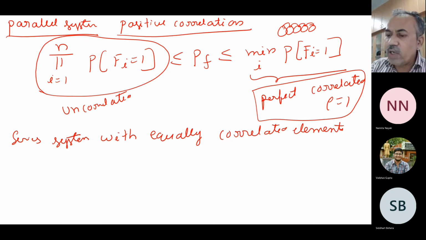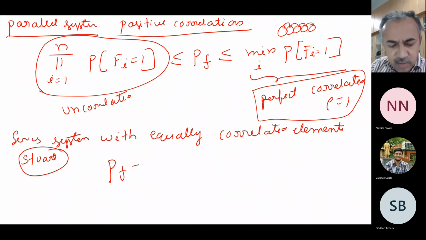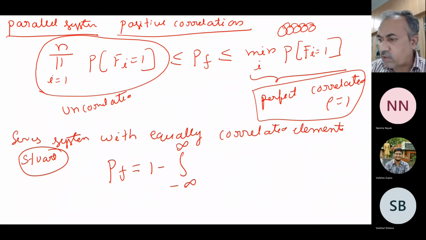If it is equally correlated, there is a formula derived by Stewart. The probability of failure is 1 minus the integral from minus infinity to infinity, and of course they have to be normal distribution, of capital phi of (beta_E plus square root of rho times t) divided by square root of 1 minus rho, the whole to the power of n, times small phi of t dt. Here beta_E is the individual reliability index of each element.